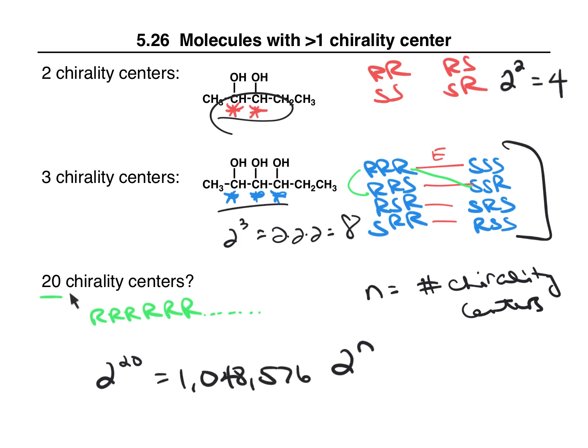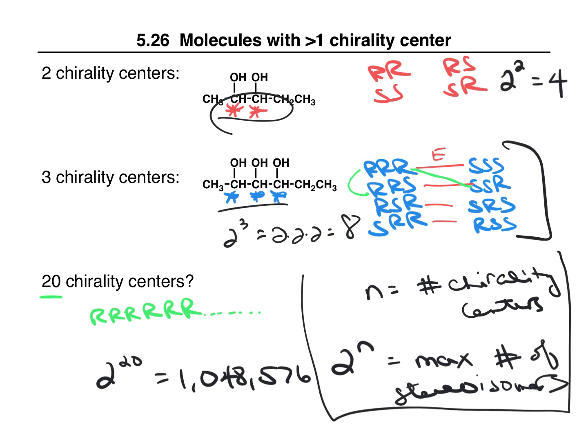So as we increase the number of chirality centers, we greatly increase the number of stereoisomers that are possible. So again, the maximum number of stereoisomers is 2 to the n, where n is the number of chirality centers.